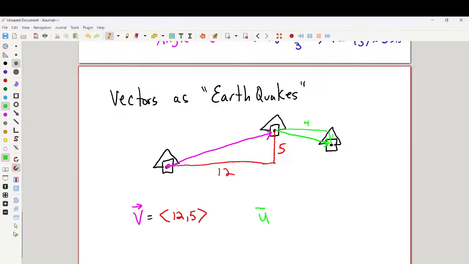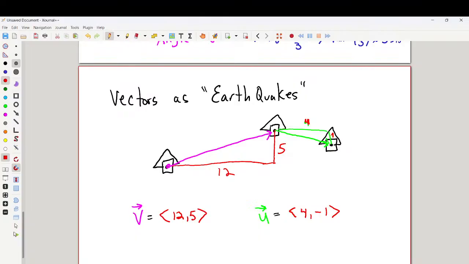I'll call this U. Let me put this as 4 and -1. As you might anticipate, I used the -1 to represent shifting downwards.